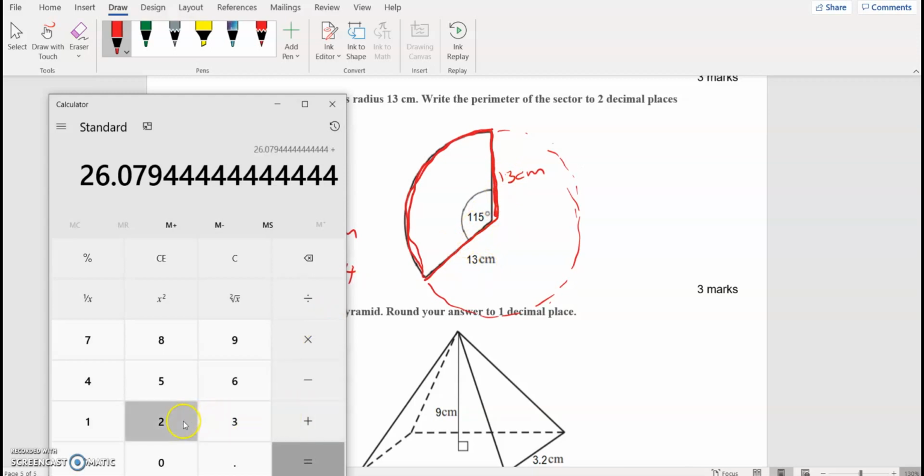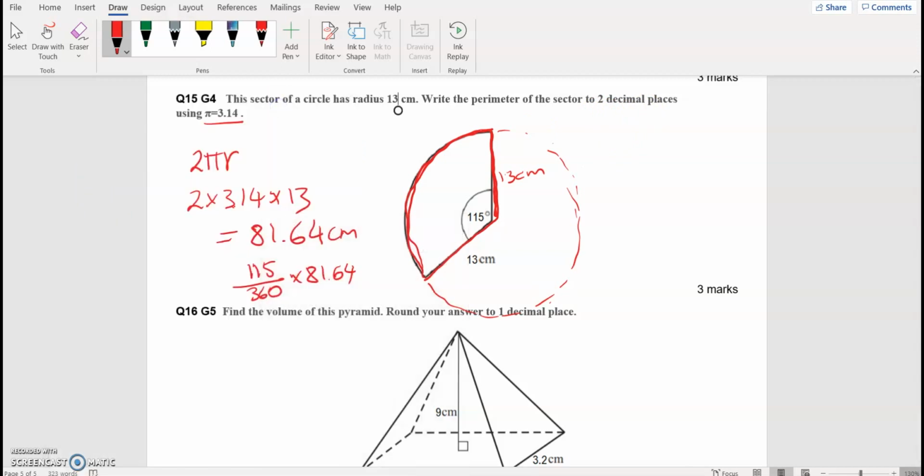So plus 26. The answer needs to be written to 2 decimal places. So we're going to have 52.08. So we'll write that here. 52.08. And the unit will be centimeters, because that's what we have used.